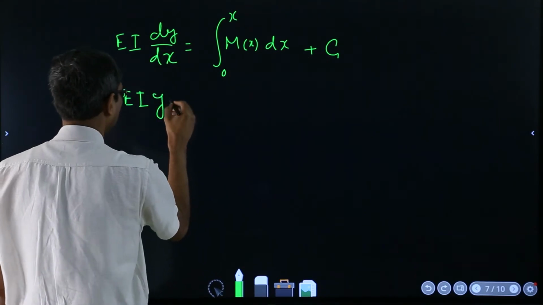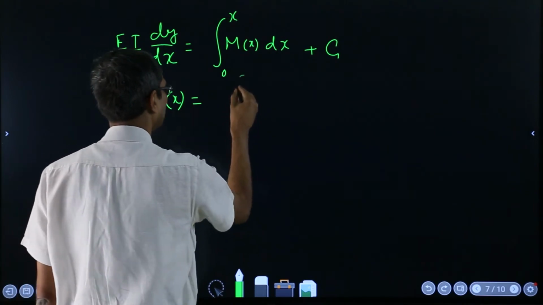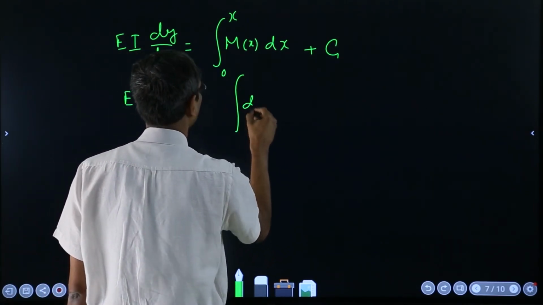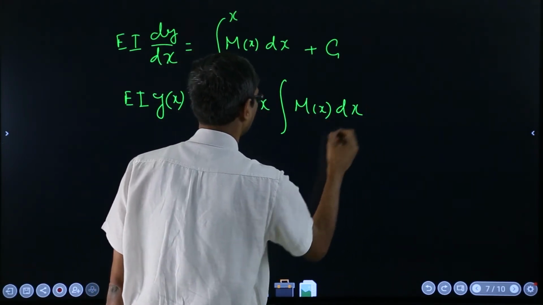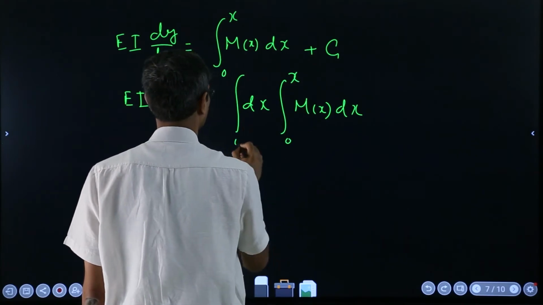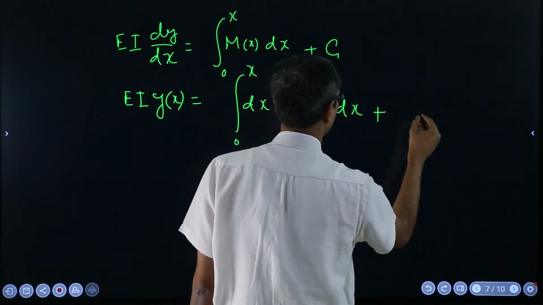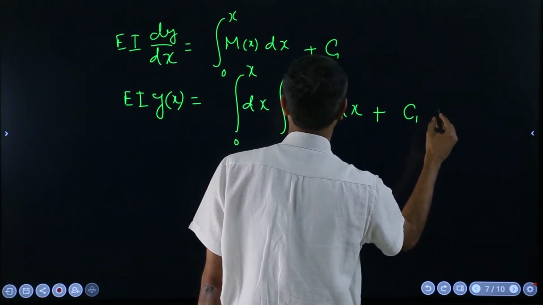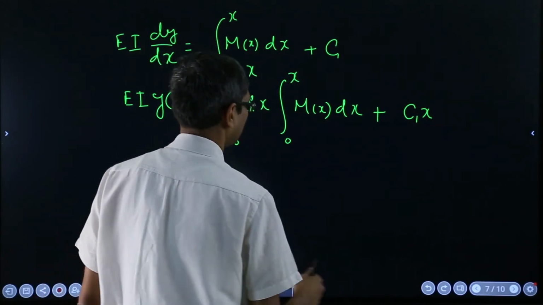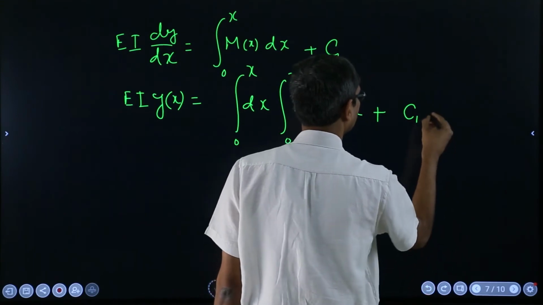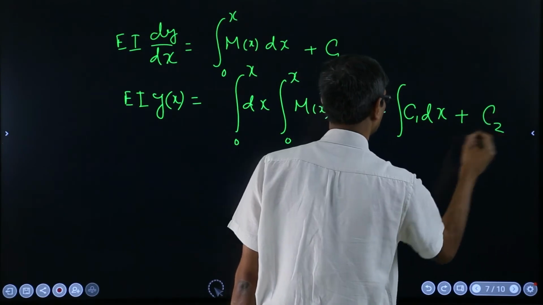Now if you integrate again, y as a function of x is the integral from 0 to x of M of x dx, and then you have c1 times dx, because the integration of c1 dx, plus c2.